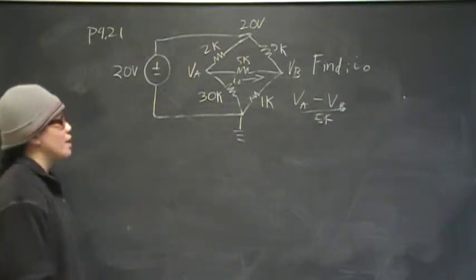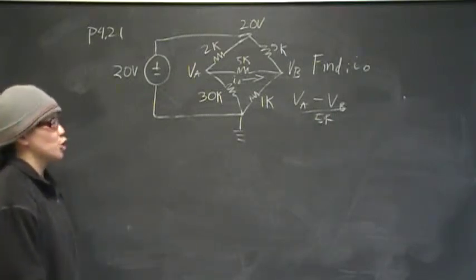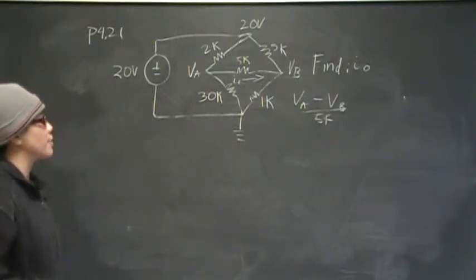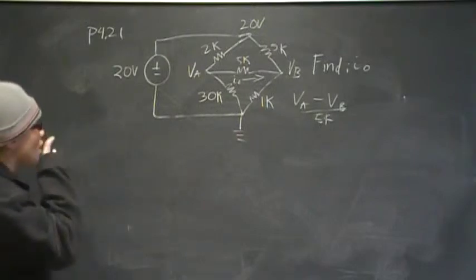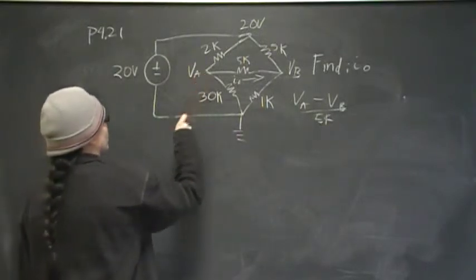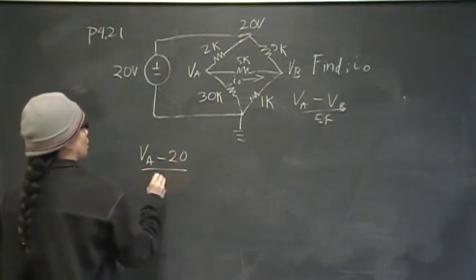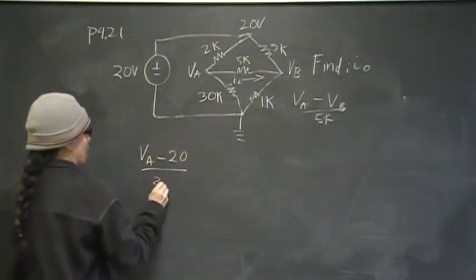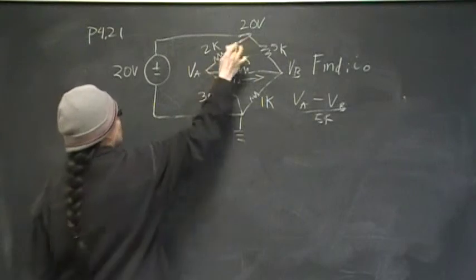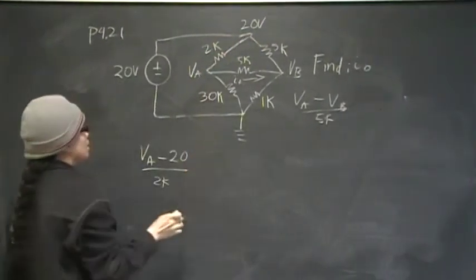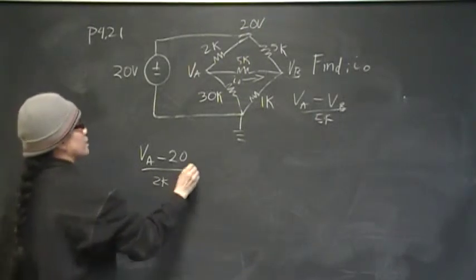Remember, the node voltage method is basically an application of Kirchhoff's current law. It says that the sum of all the currents away from the node will be 0. So starting at this node, we're going to go VA minus 20 over 2K. That's that node, right? The difference in the voltage divided by the resistance is the current.